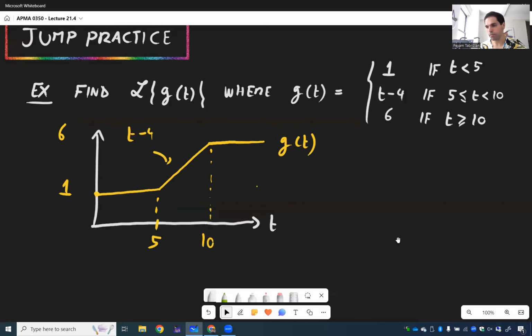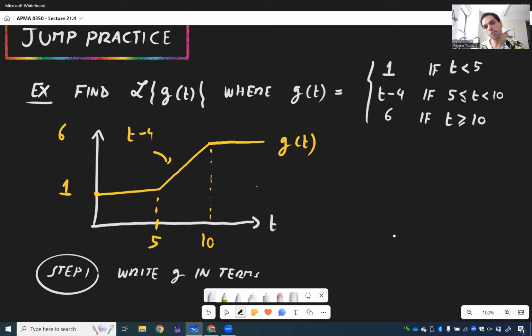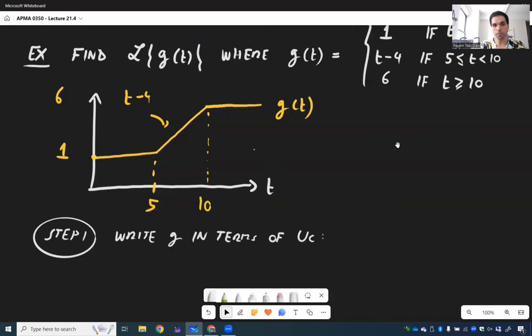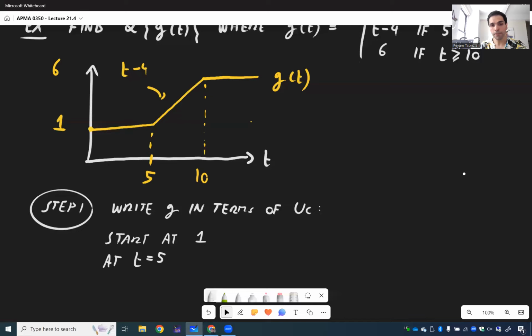So step 1. Write g in terms of u_c. See? So you start at 1. And then at t equals 5, how much do you jump by?